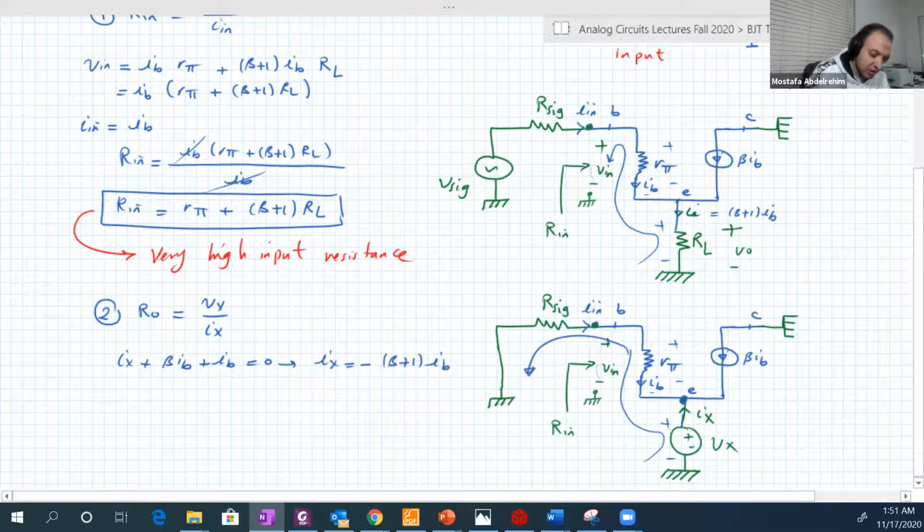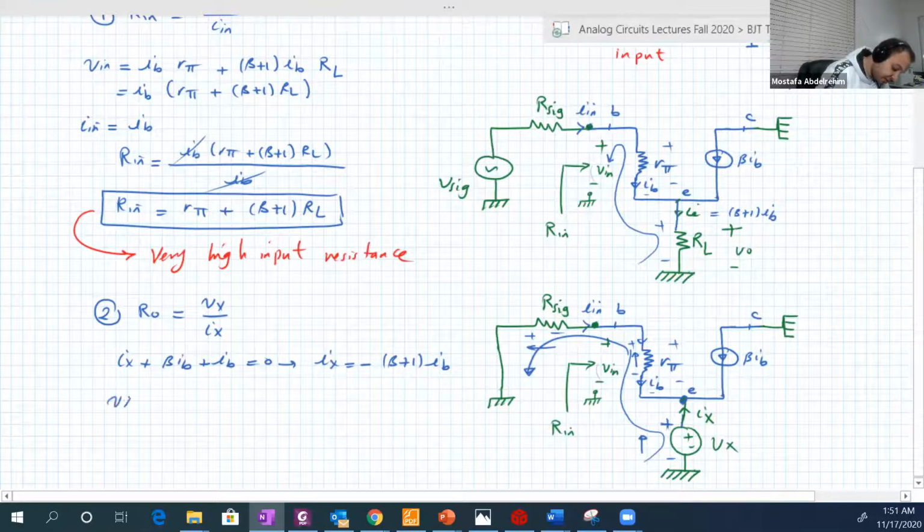In this loop, Vx is in that direction. IB is flowing in that direction, so positive, negative. Flowing in that direction, so positive, negative. So this voltage is in that direction, and this voltage is also in that direction. All of them are in the same direction.